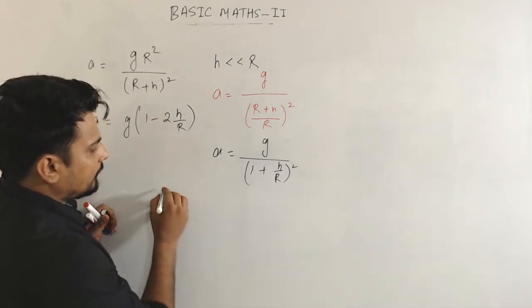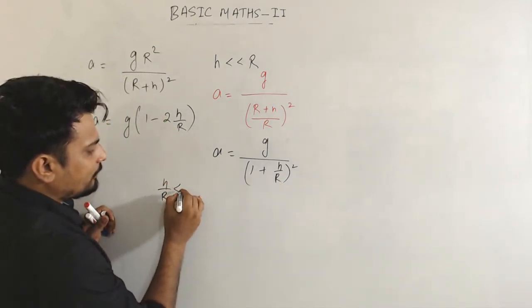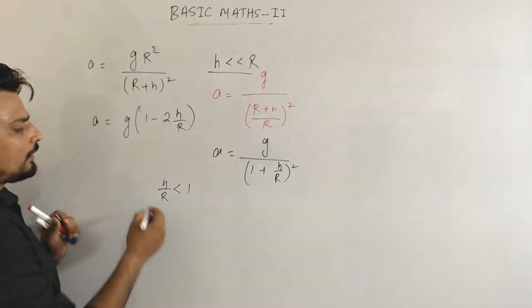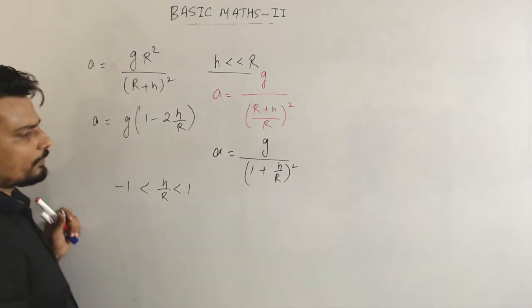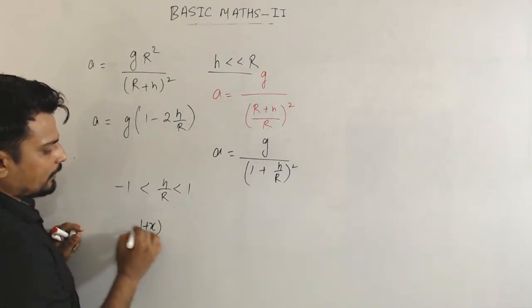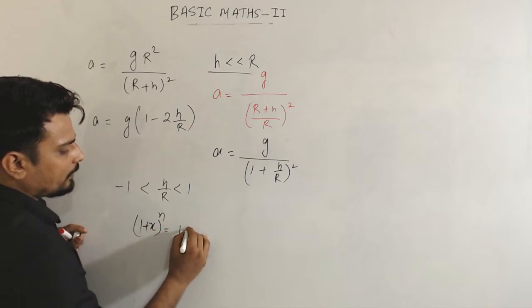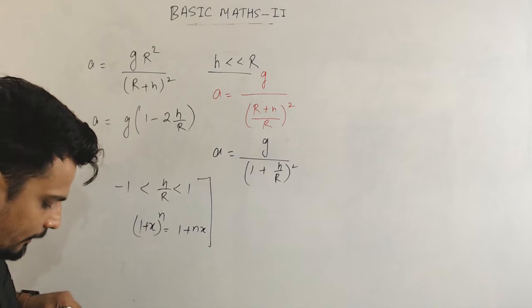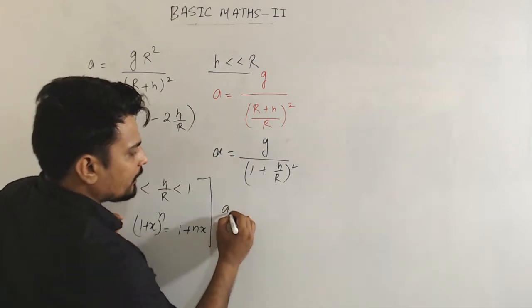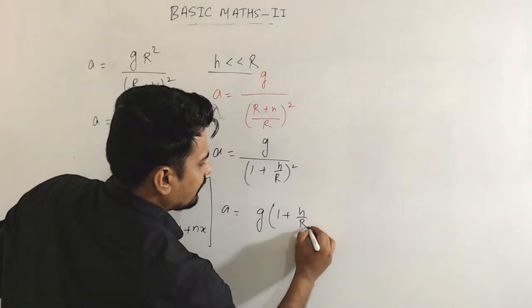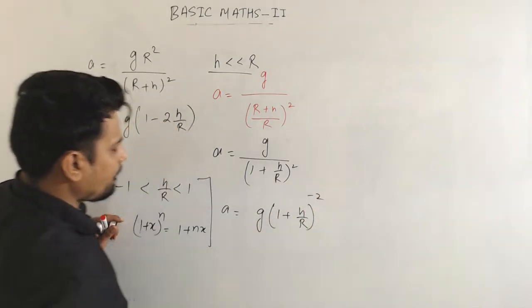Now we know that h upon r is lesser than 1 because h is quite less than r, and this is going to be more than negative 1 for sure. So I can apply the formula 1 plus x to the power of n is 1 plus n times x. This assumption works handy over here. So a is g times 1 plus h upon r to the power of minus 2.